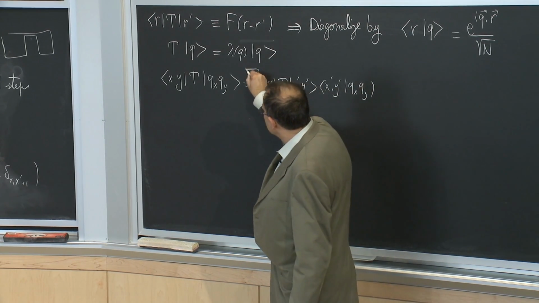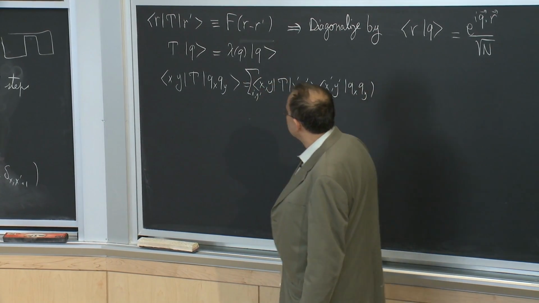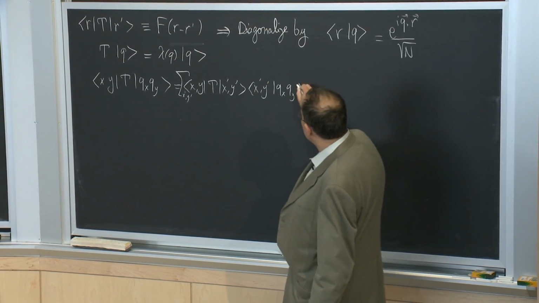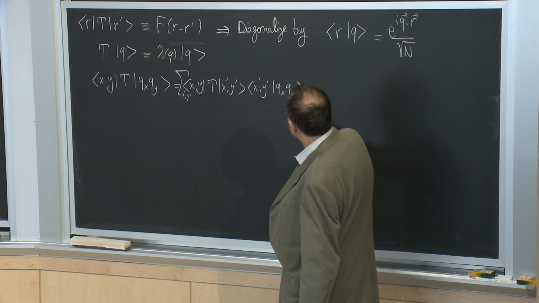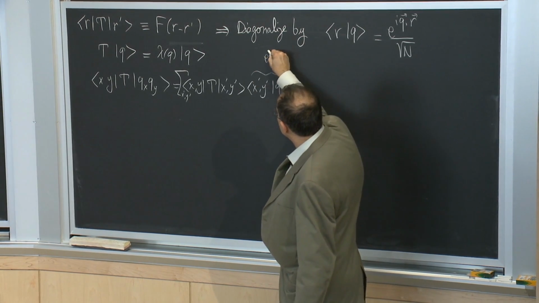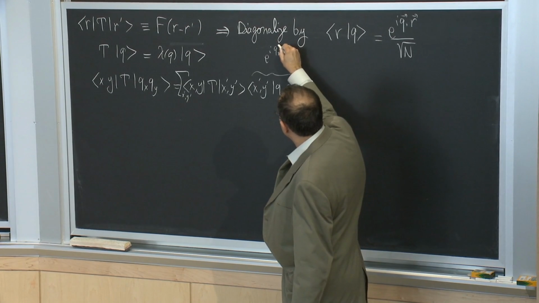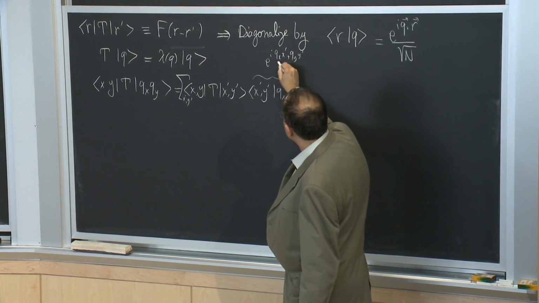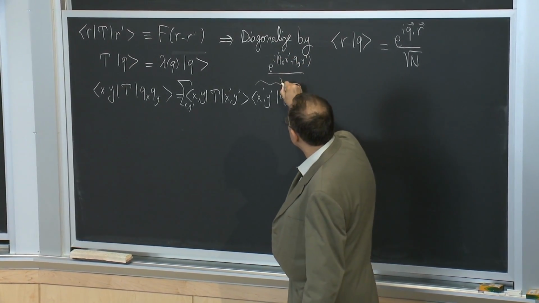And of course, I have a sum over x prime and y prime. That's the matrix product. And so again, remember, this entity is simply e to the i (qx x prime plus qy y prime) divided by square root of n.